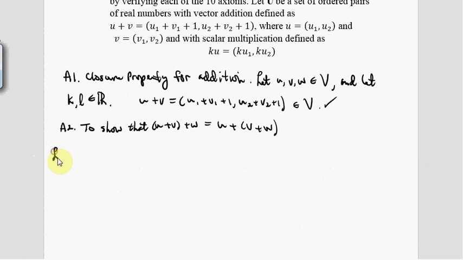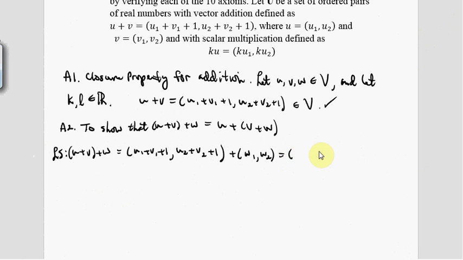So look at the left side. U plus V in parentheses, then plus W. So this becomes U sub 1 plus V sub 1 plus 1, comma, U sub 2 plus V sub 2 plus 1. Close that up. Plus here, this W, which is the W sub 1, W sub 2.